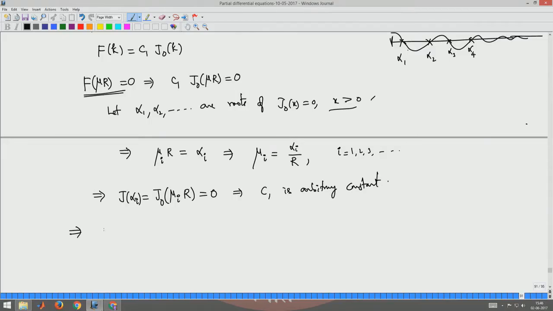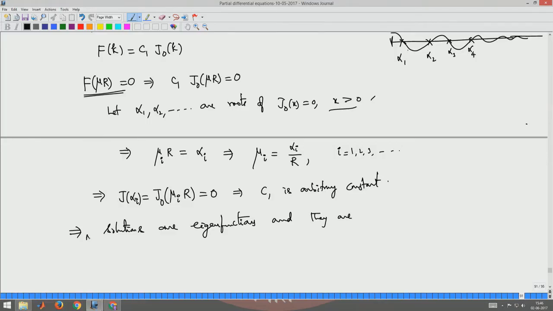So, the solutions are eigenfunctions, and specifically the non-zero solutions.